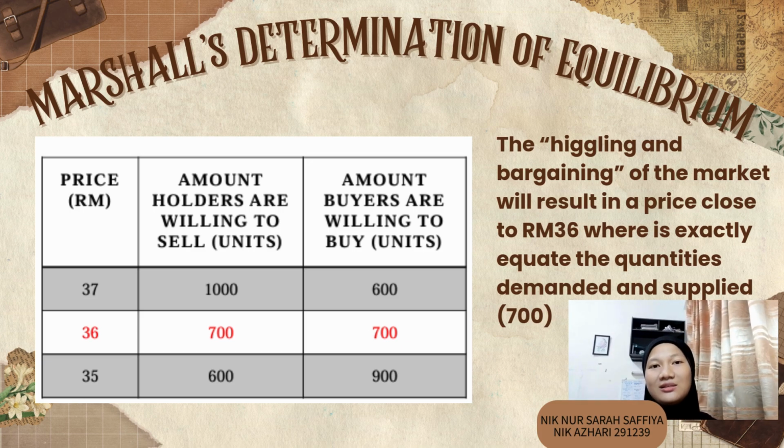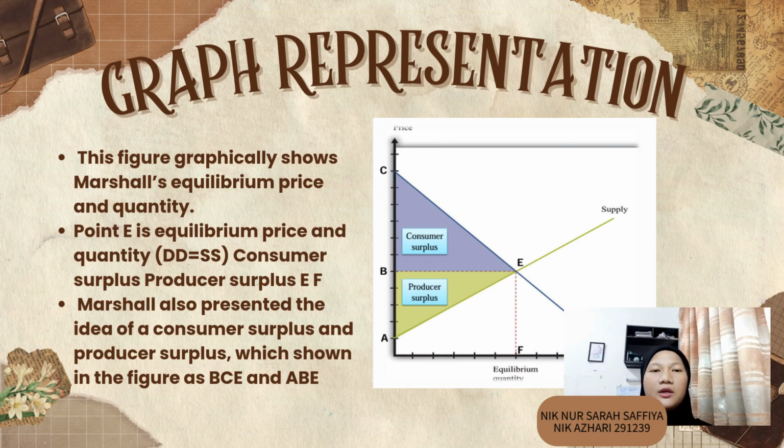This point of balance is what Marshall identified as market equilibrium, where both buyers and sellers are satisfied and the market clears. Okay, now we will take a look at this visual guide, the market balance.